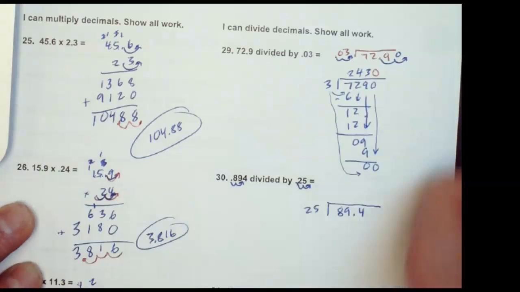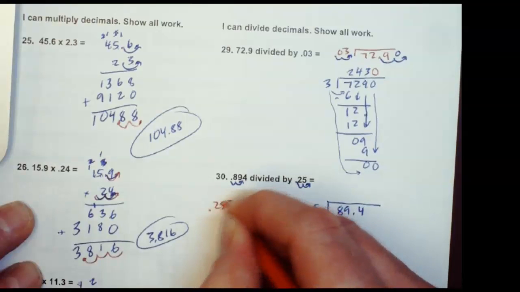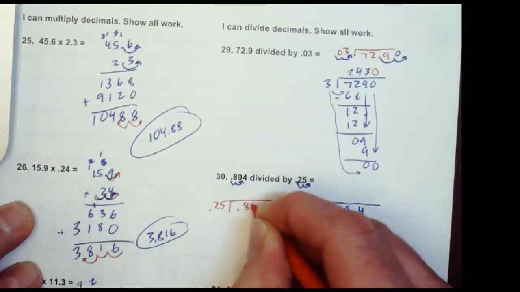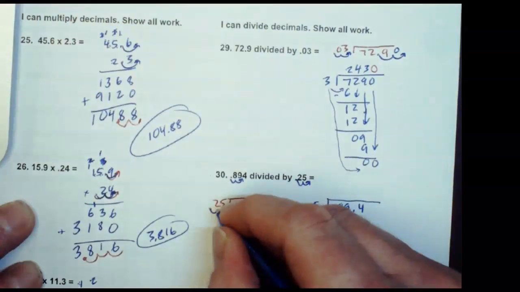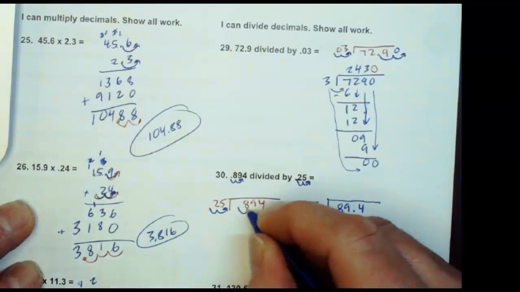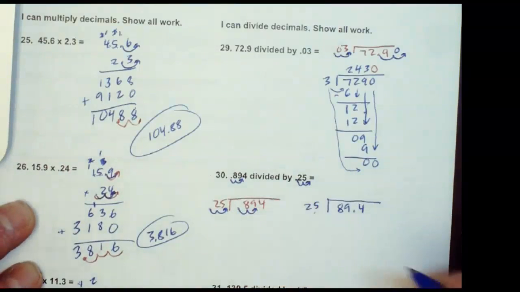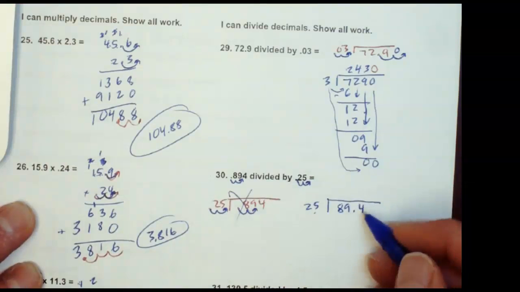Kids, I think, are still struggling just a little bit with this, so let me set it up the other way. This is 0.25. This is 0.894. This was the original problem, so I'm just going to multiply this side by 100, and I got 25. I'm going to multiply this side by 100. I've got 89.4. Okay, so I'll just work on this one here.